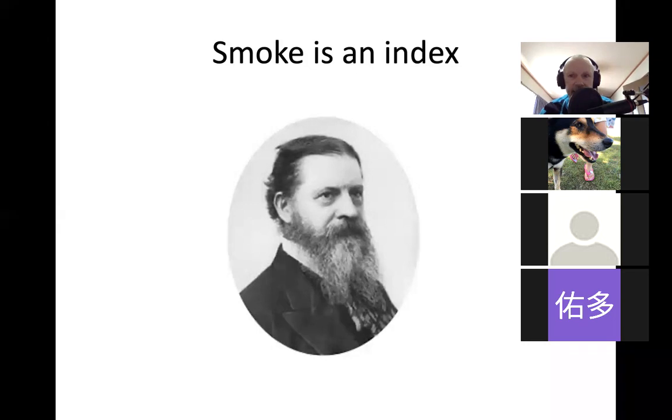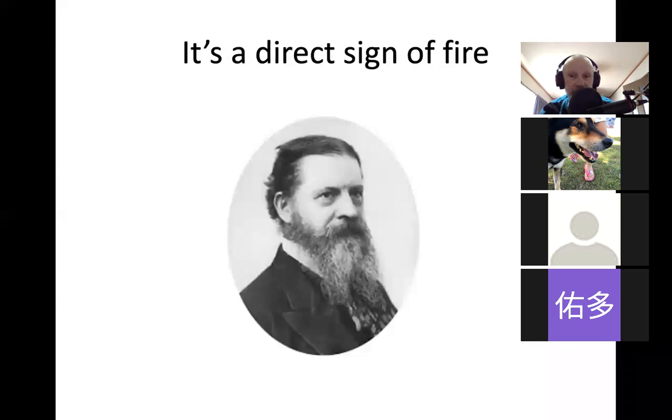That's easy to understand, I think. And there are other indexes, which I cover in the video, and you can think about those. What kind of indexes are there in the world, or in the universe, I suppose? Anyway, smoke is a classic example. It's a direct sign of fire. So in this case, smoke is an index. It's a very simple, very direct sign of fire.